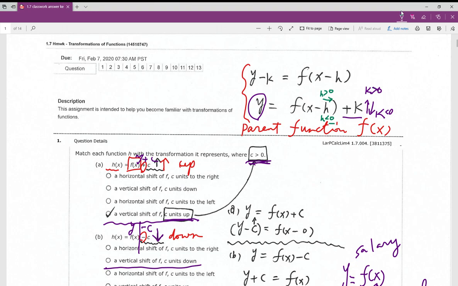And then when h is less than 0, you push your graph to the left-hand side because you don't need to work so hard. When you push the graph to the right-hand side, it means your x needs to be greater. You need to work harder in order to earn the same original amount you need to save.